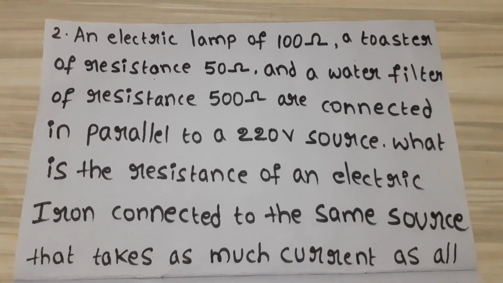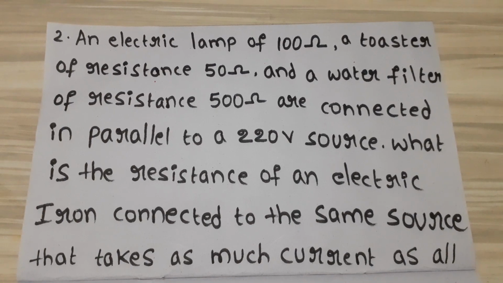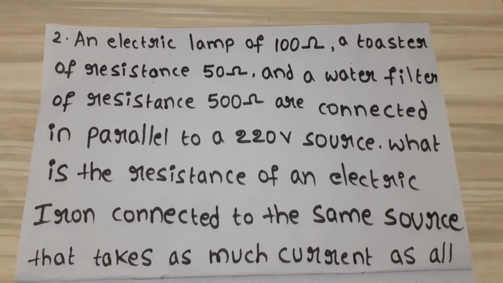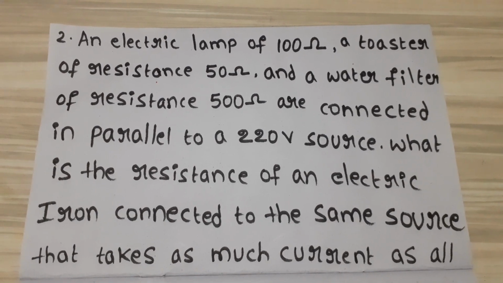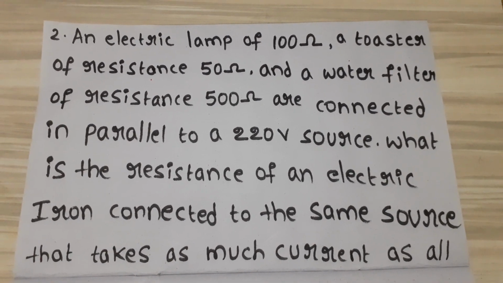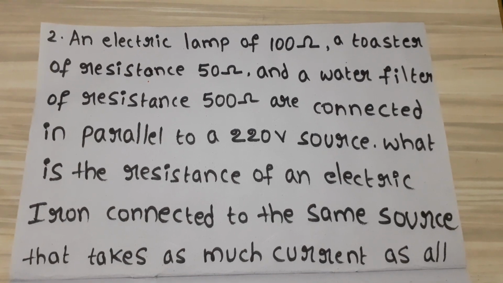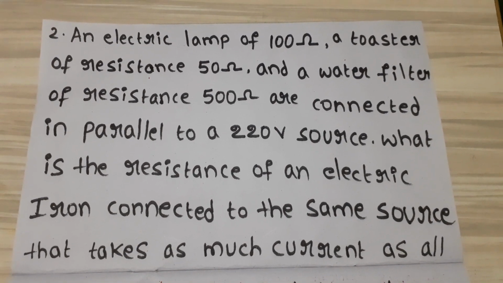So 220 volts is the battery. This is connected to the 100 ohms electric lamp, the toaster of resistance 50 ohms, and the water filter of 500 ohms. These are all connected in parallel combination.